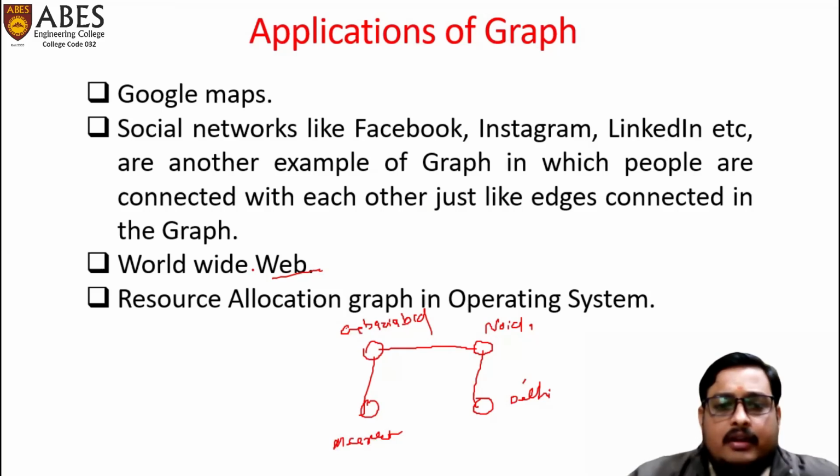Another important application in computer science engineering is the RAG, the resource allocation graph in operating systems. We have resources, and which resources are allocated to which process can be represented with the help of a graph in the operating system. These are the applications of graphs.